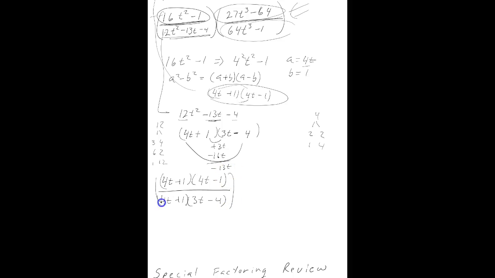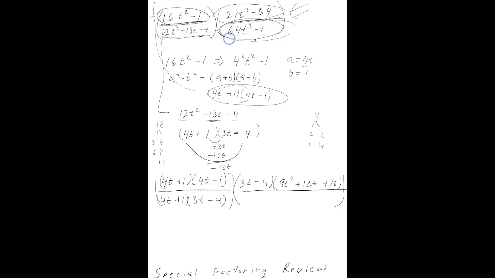So we have this quantity times, let's see, 3t minus 4 times 9t squared plus 12t plus 16, all over that whole quantity times.